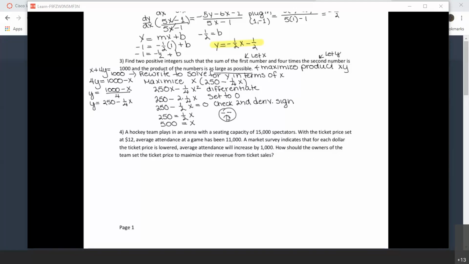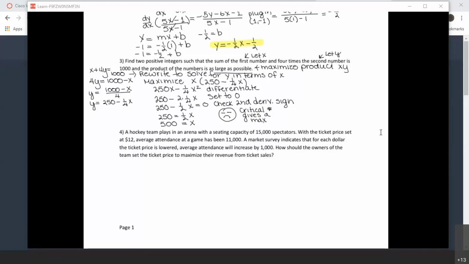And that also means your critical number gives rise to a maximum, right? The critical point is sitting at the top of the frown. So the critical number is a max.